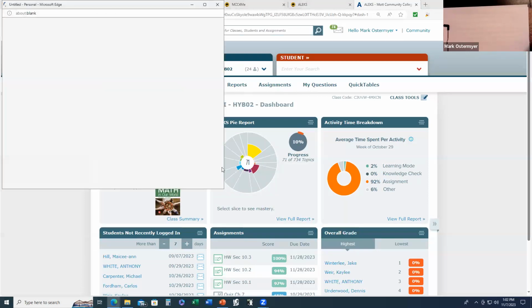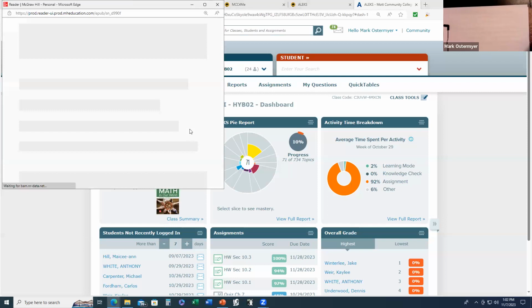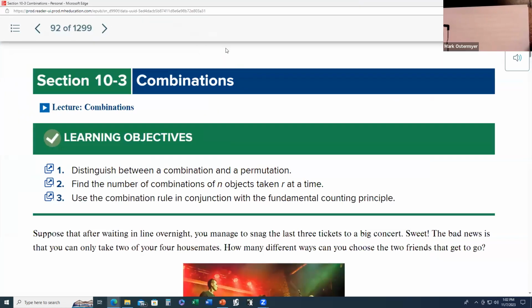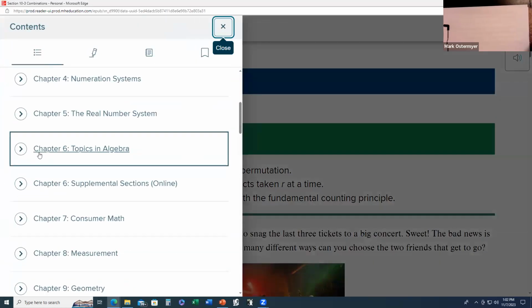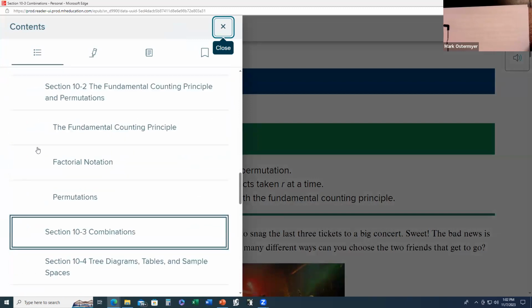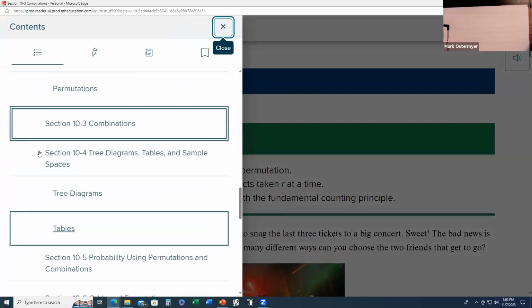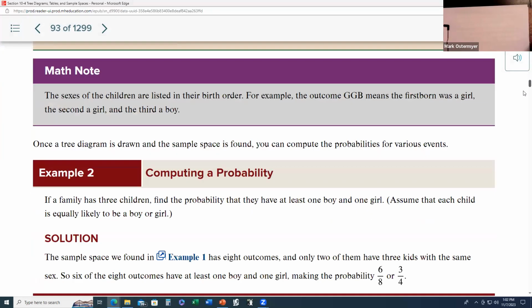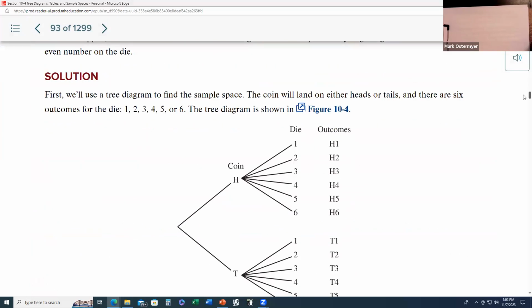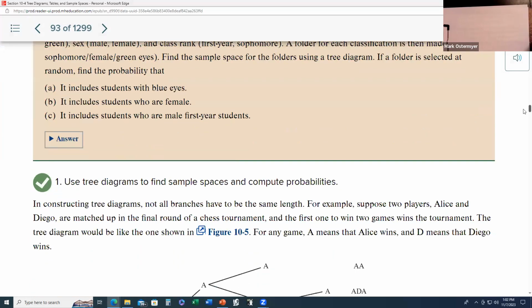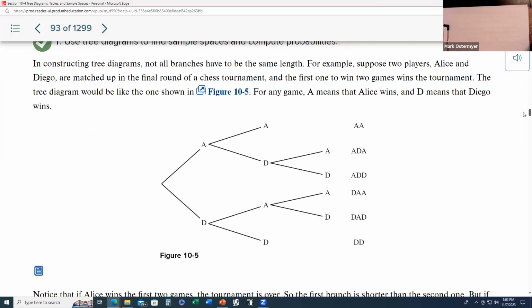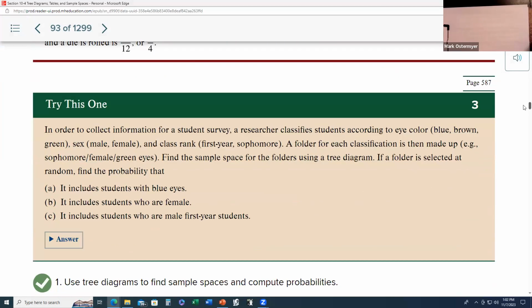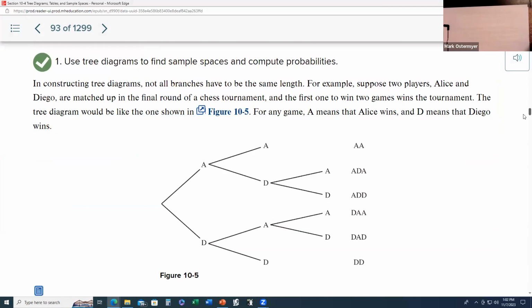All right. So this is coming out of 10.4. And again, if you get some time, it might be helpful to look down through some of these examples here. That can help a lot. Okay.